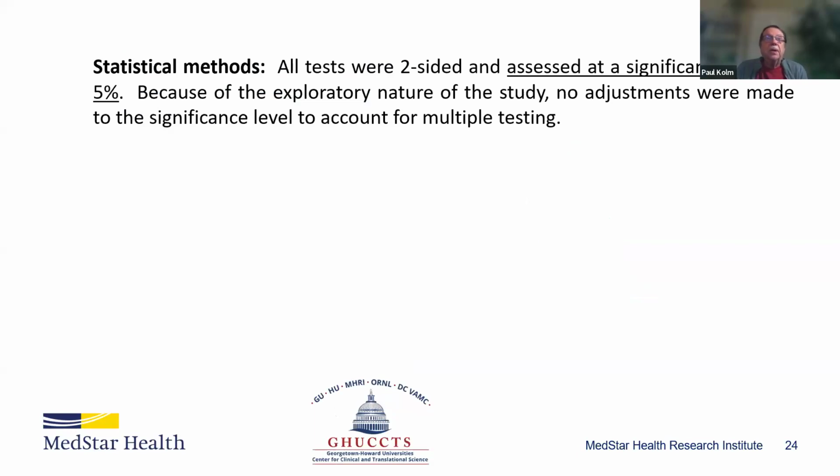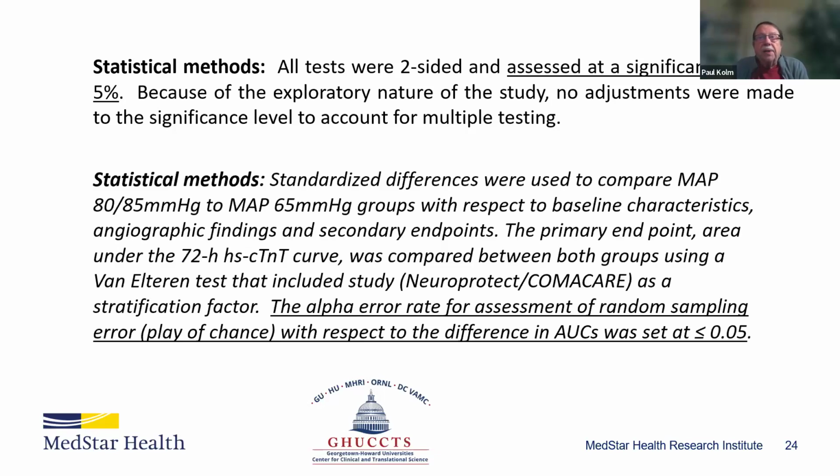No adjustments were made to the significance level to account for multiple testing. So they're aware of multiple testing, but they're just going to wave their hand and say it's just exploratory.